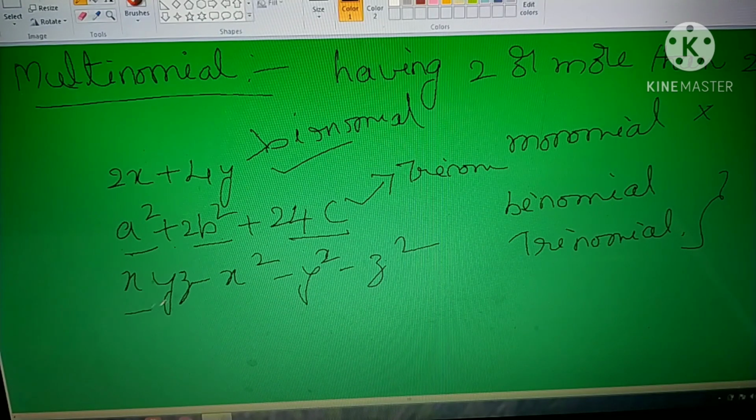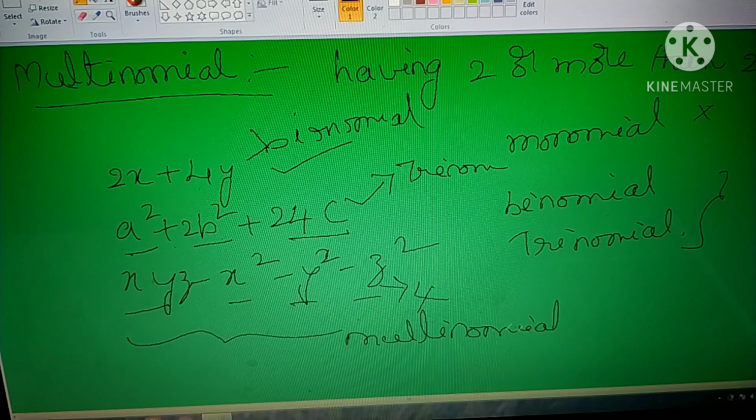Now see this, one term, 1, 1, 1, 1, 2, 3, 4 terms. So 4 terms. This one has no special name, but we can call it multinomial. So this will come under multinomial, and binomial also will come under multinomial.